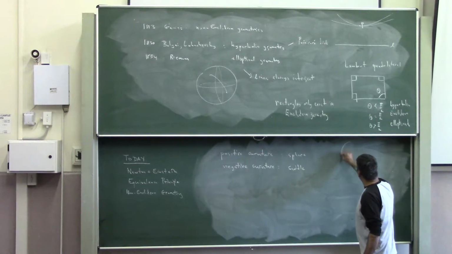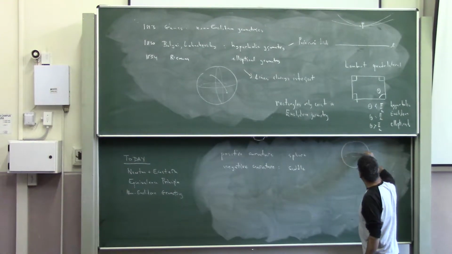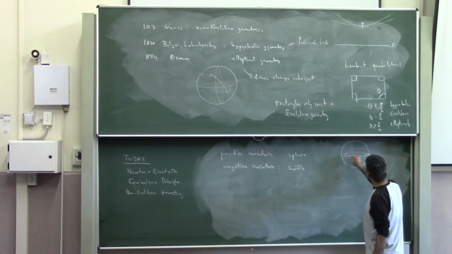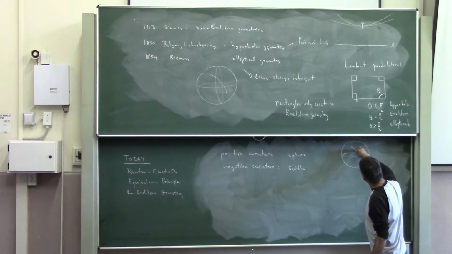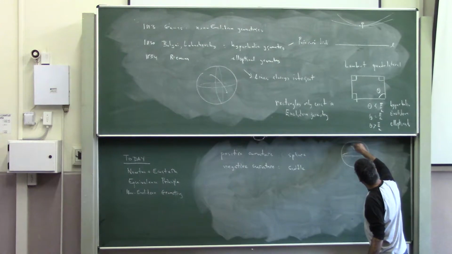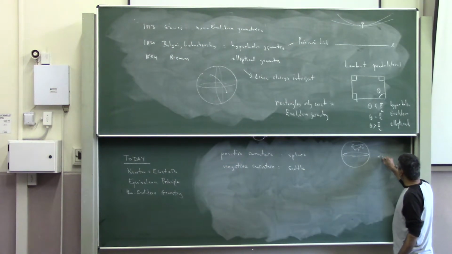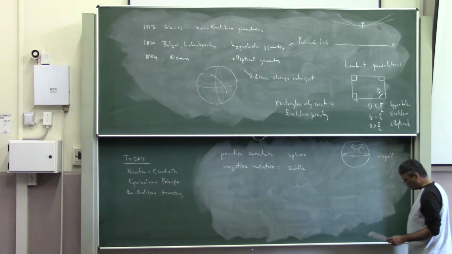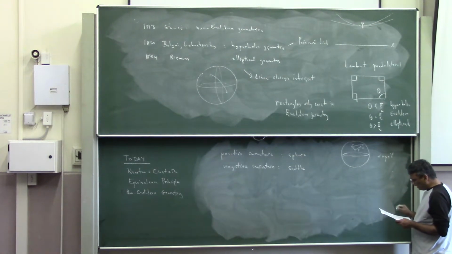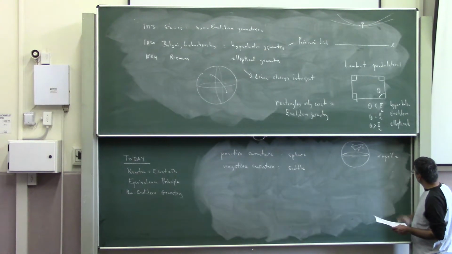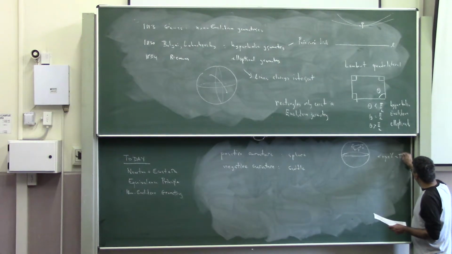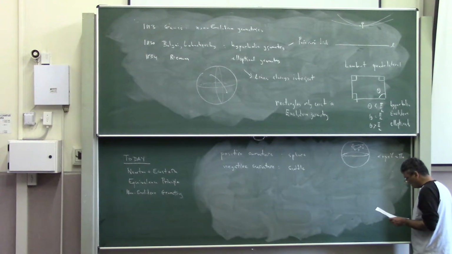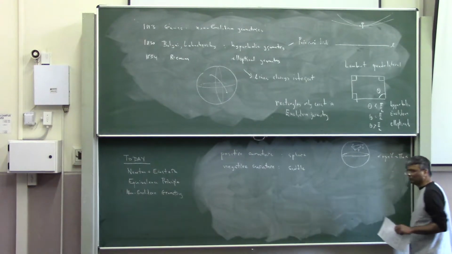So if I have a sphere, and I've got a triangle on the sphere, I have angles gamma, beta, alpha. The sum of the angles alpha plus beta plus gamma will equal pi plus alpha. Okay.